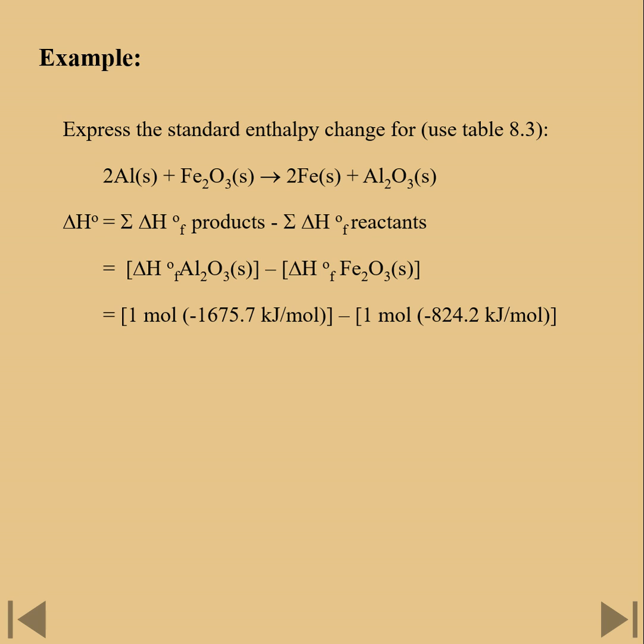And so we add 1 mole of aluminum oxide at a negative 1675.7 kilojoules per mole, minus the heat of formation of 1 iron 3 oxide at a negative 824.2 kilojoules per mole. Putting this on my calculator, I come up with negative 851.5 kilojoules. And I don't want to just leave it as moles, I want to leave it as per molar quantities because it is per 2 moles of iron being formed.